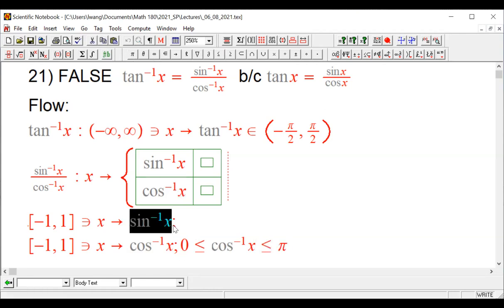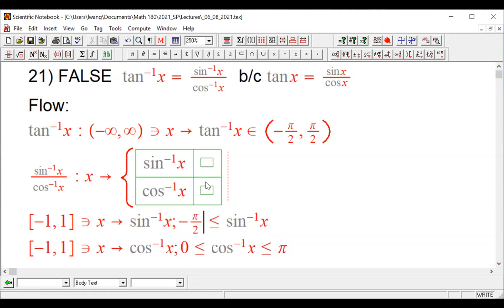Okay, and sine inverse, because it's on the numerator, it can be 0. That wouldn't matter.